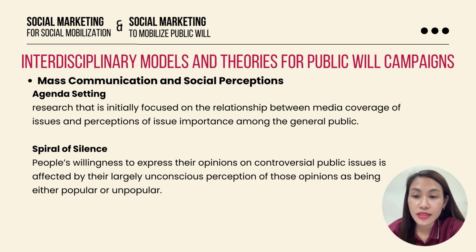Agenda setting is research that initially focused on the relationship between media coverage of issues and perceptions of issue importance among the general public, while spiral of silence holds that people's willingness to express their opinions on controversial public issues is affected by their largely unconscious perception of those opinions as being either popular or unpopular.